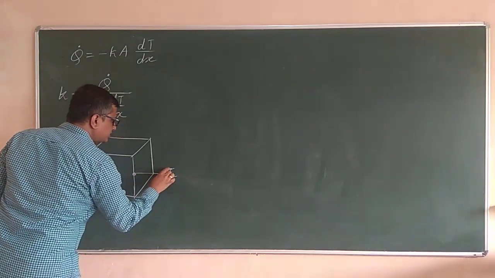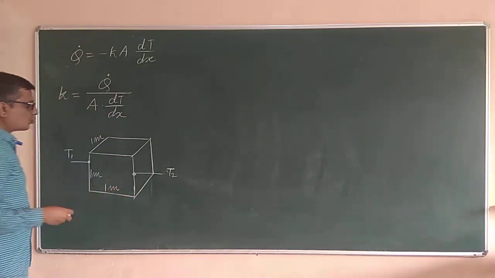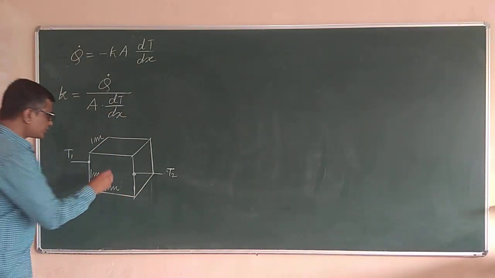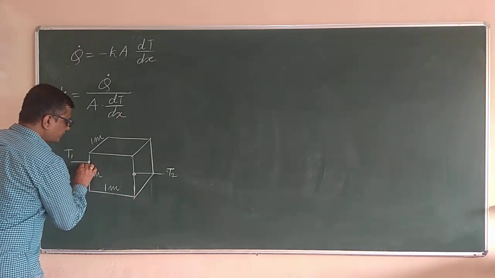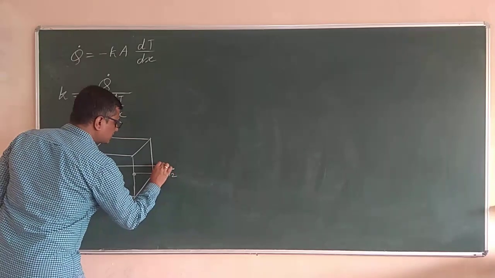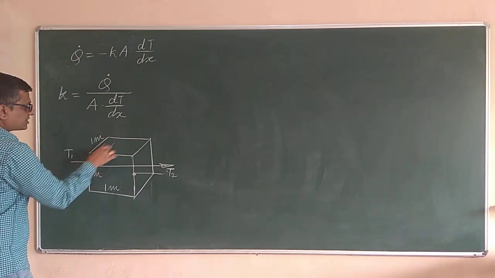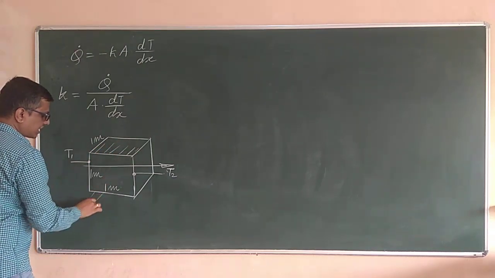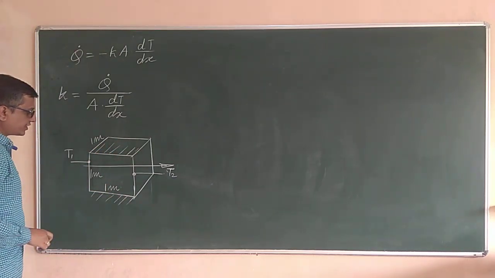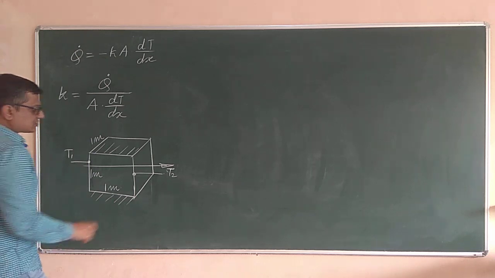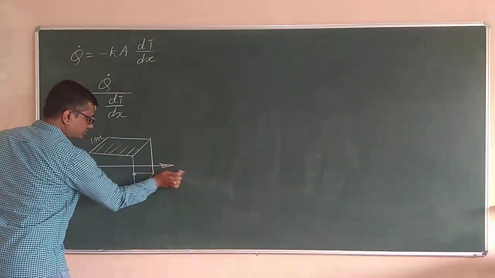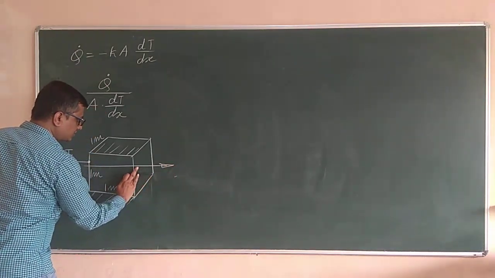In that case, if T1 minus T2 is 1 degree Celsius, then the heat will transfer from the left surface to the right surface, and the lateral surface is being insulated. Let me correct it a little bit.